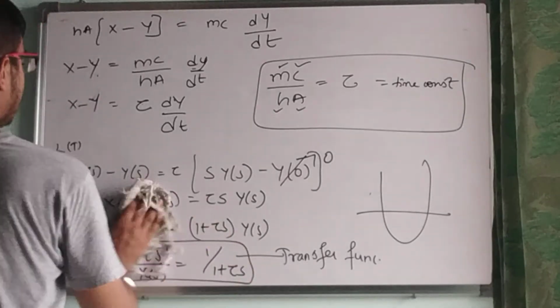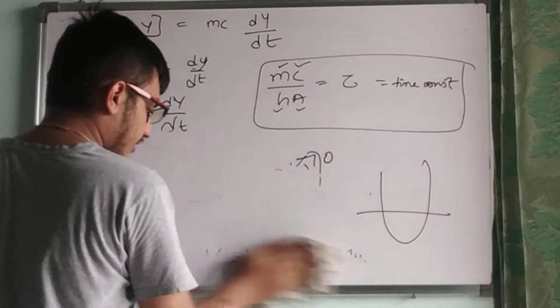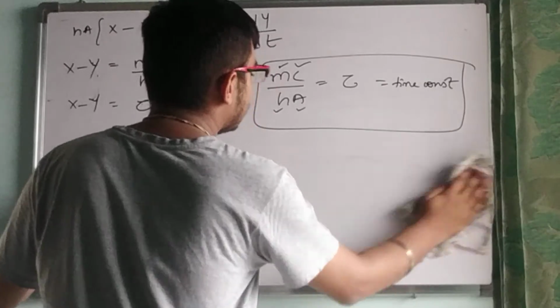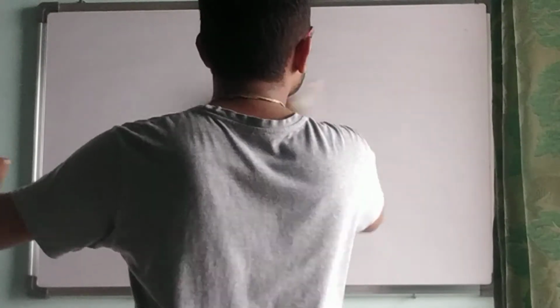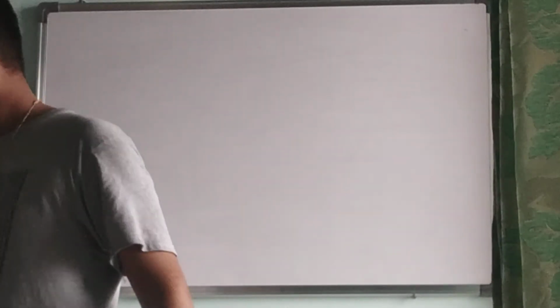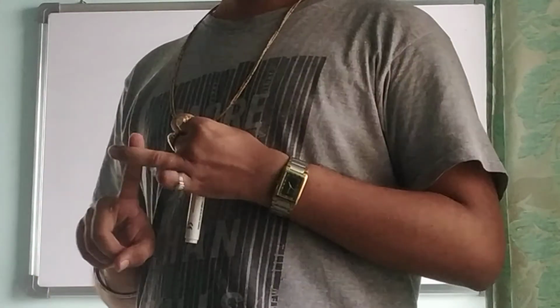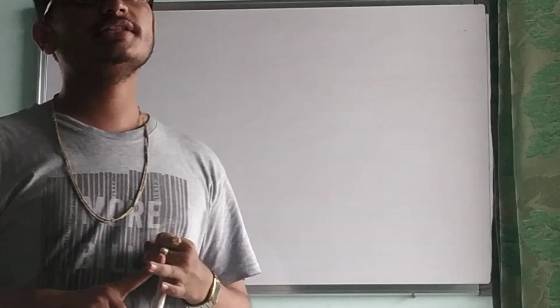So once again we will see, first in this, we will take a mercury glass thermometer. You will maintain certain assumptions. What is the first assumption? The first assumption is all the resistance to the heat transfer resides in the film surrounding the bulb.